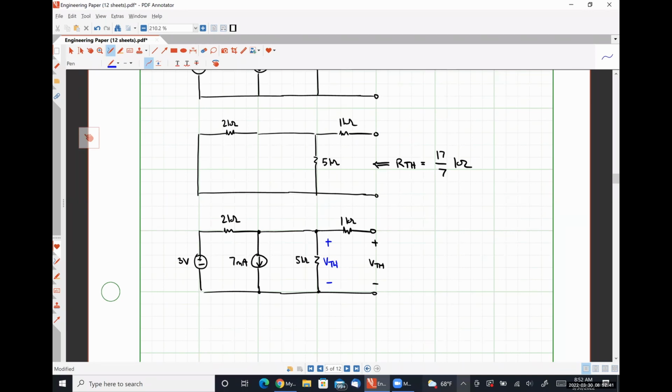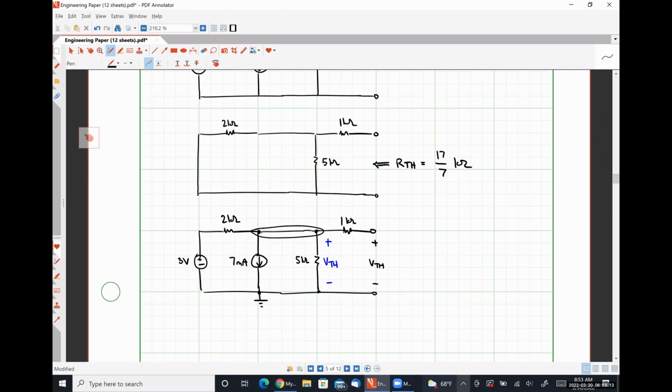Okay. Now, if I observe that if I make that terminal ground, the only voltage I don't know is the one at that node, where that nodal voltage is actually my Thevenin equivalent voltage.